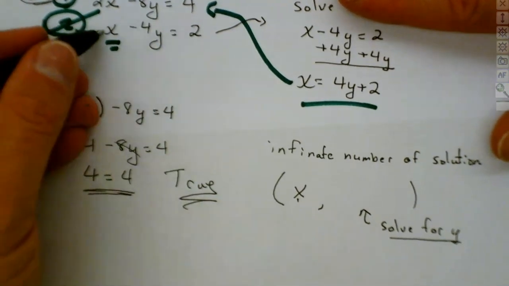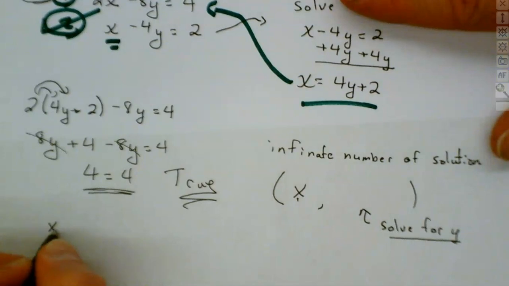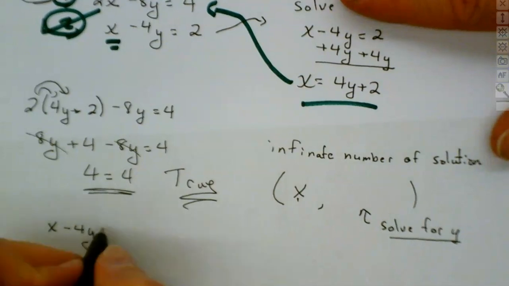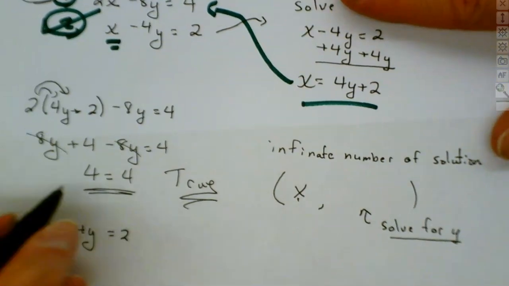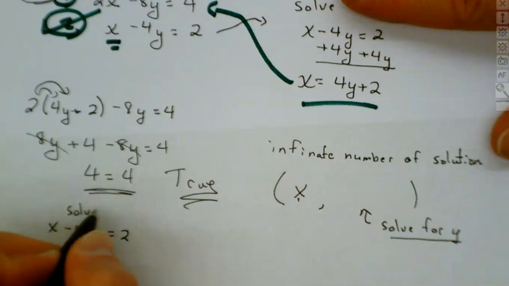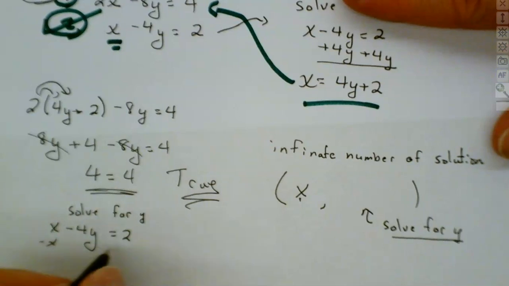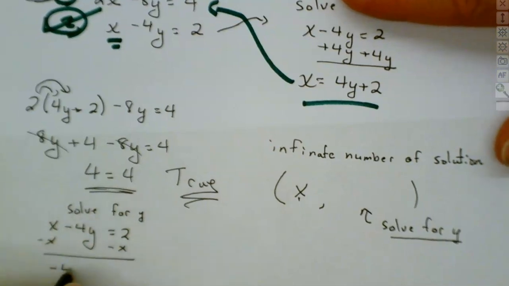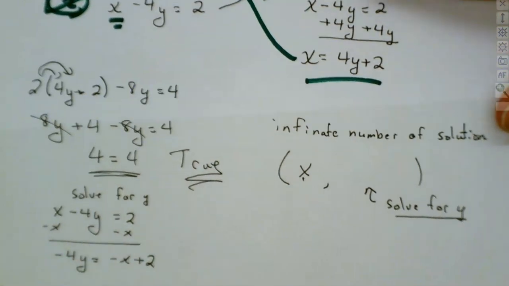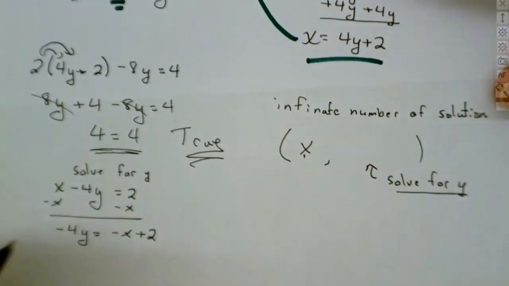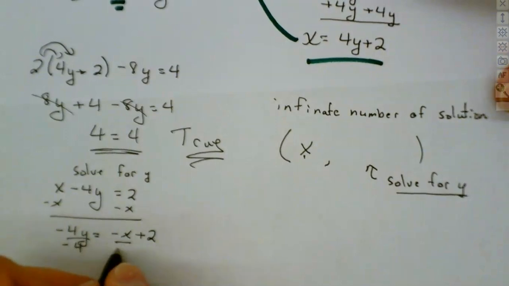So let's just take this equation up here. X minus 4y equals 2. And we're going to solve it for y. Move our x over. So minus 4y equals minus x plus 2. Divide by your negative 4.